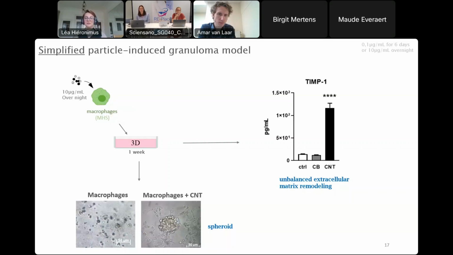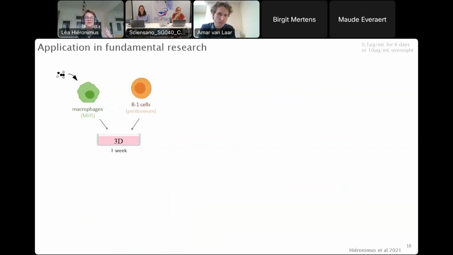I wanted to do this model to study my favorite cell type, which are B1 lymphocytes. These are one of the lymphocytes that are recruited from the peritoneum to the lungs during granuloma formation. And in the lab, we have accumulated ample evidence showing that these cells amplify granuloma formation. So I've used my model to study how these cells amplify granuloma formation.